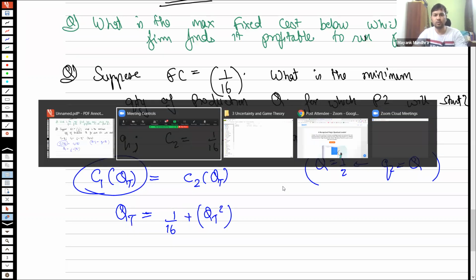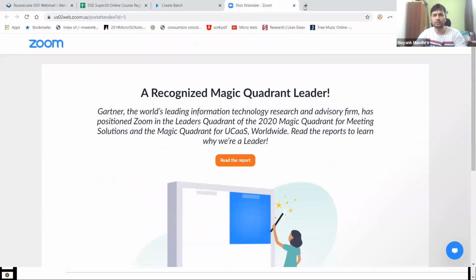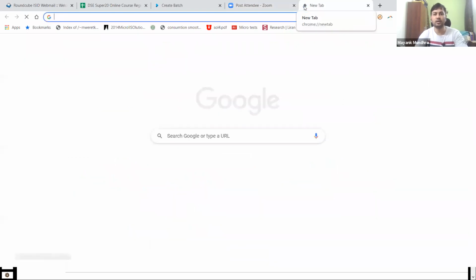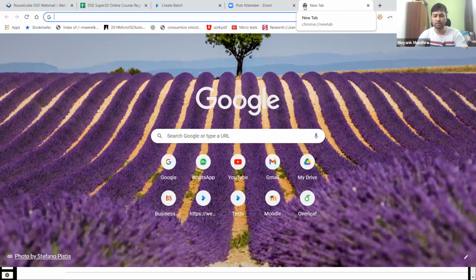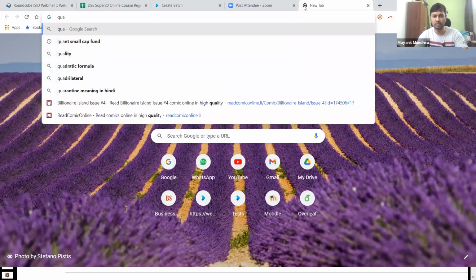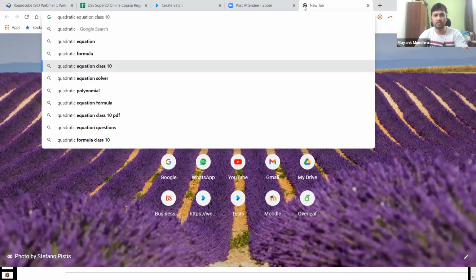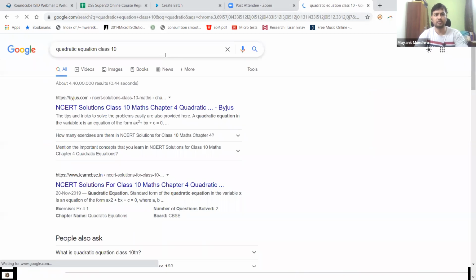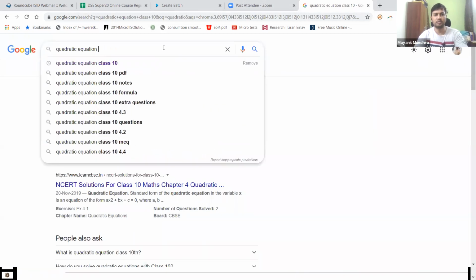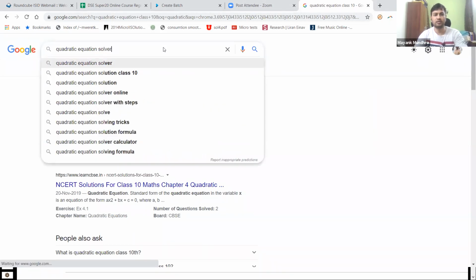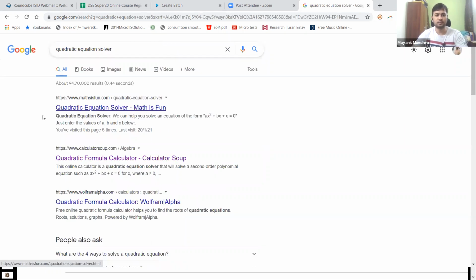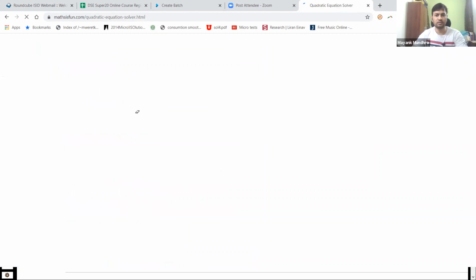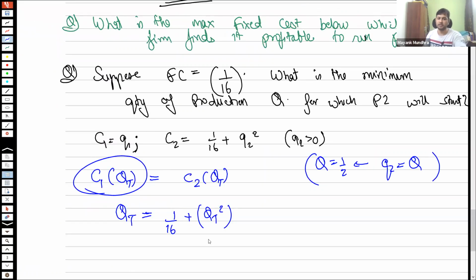I don't want to solve the quadratic, like I told you, but let me try to solve the quadratic here. This can be rewritten as QT square minus QT plus 1/16.